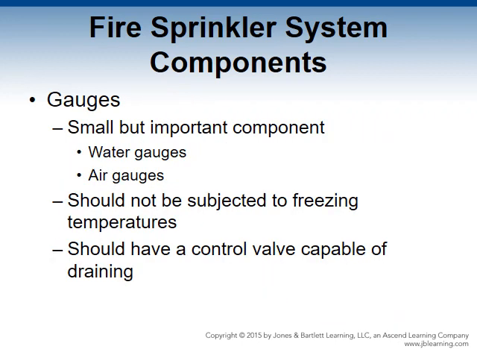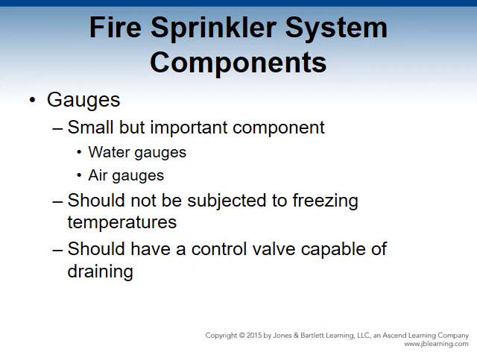Gauges. Pressure gauges are a small but important component of a fire sprinkler system. Some systems have only water gauges, but others have air gauges, depending on whether or not it's a wet pipe or dry pipe system. Water gauges are typically installed on the supply and system side of valves and pumps. Air gauges are installed on the system side of certain valve systems, air sources, air supply lines, and quick opening devices.